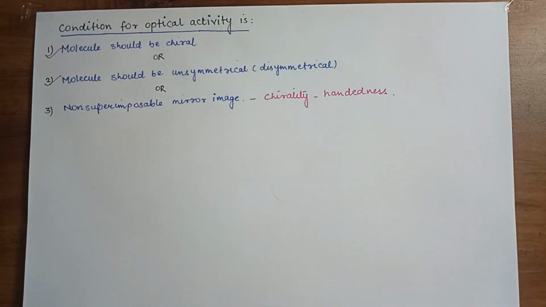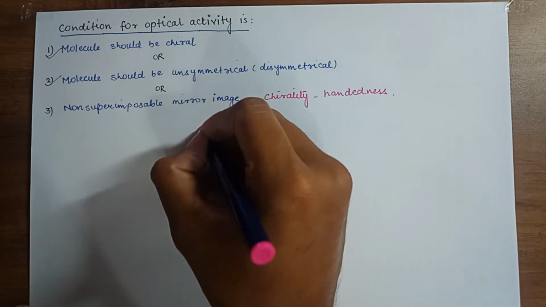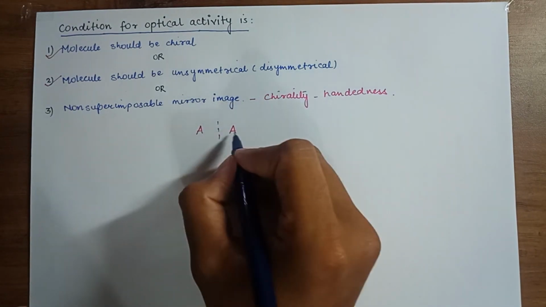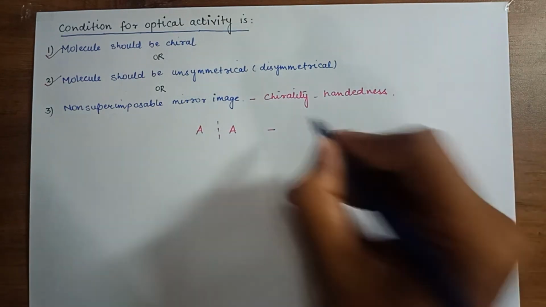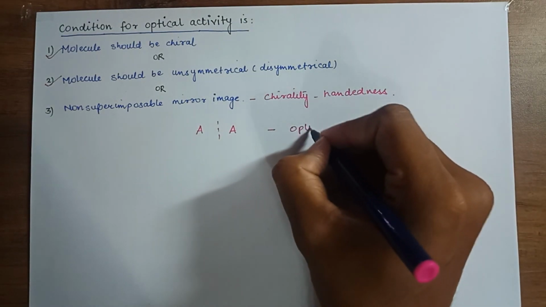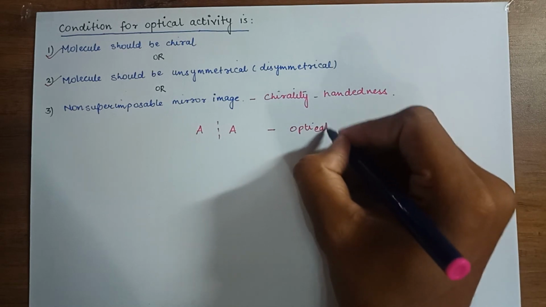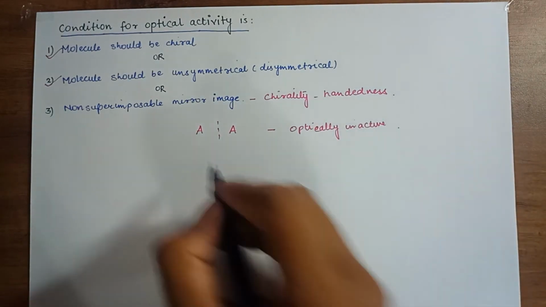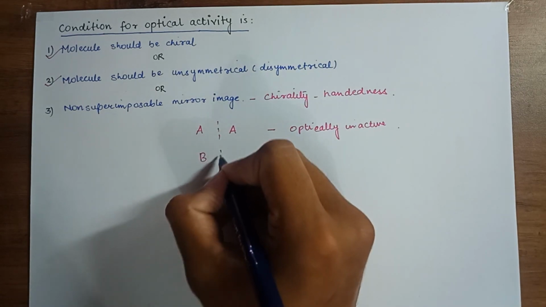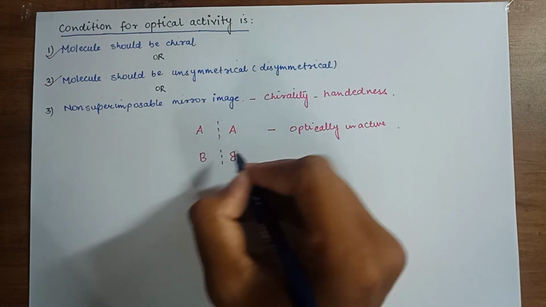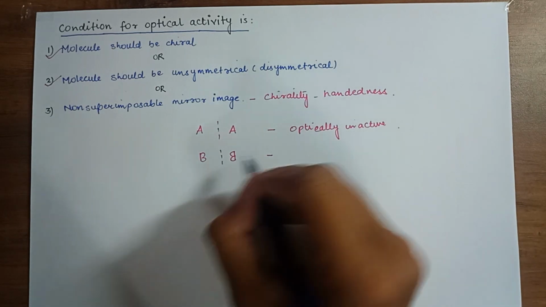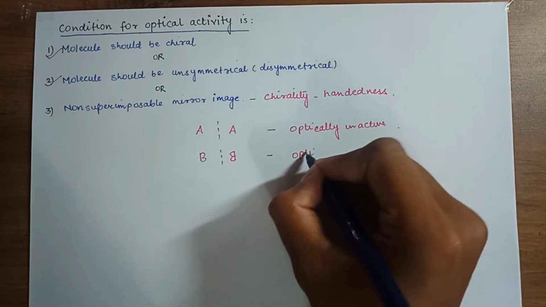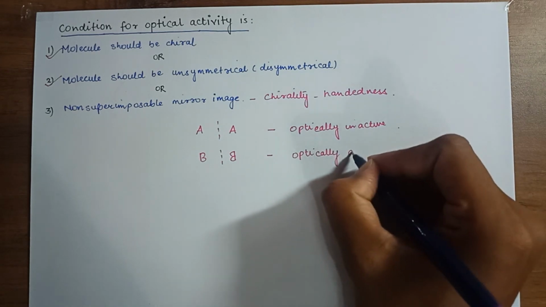In other words, we can write examples like A and its mirror image A. This is a superimposable mirror image, so this will be optically inactive. Next, B. This is my non-superimposable mirror image, so this will be optically active.